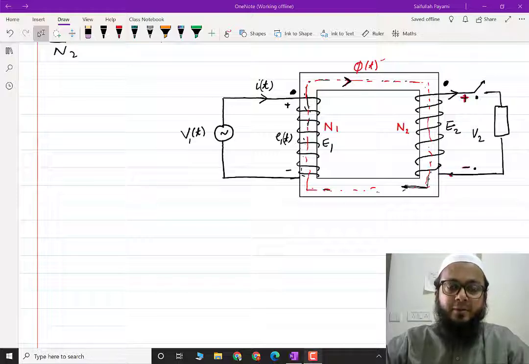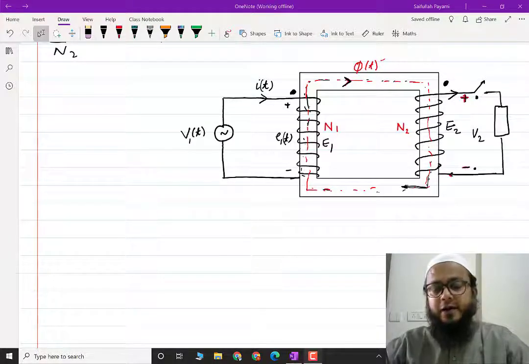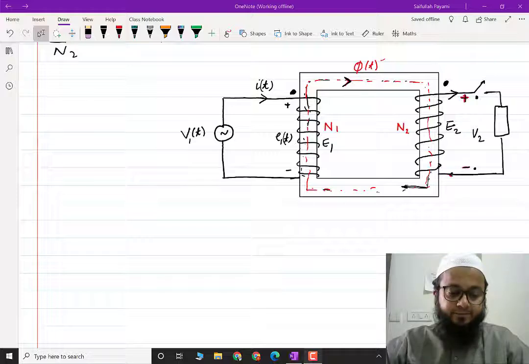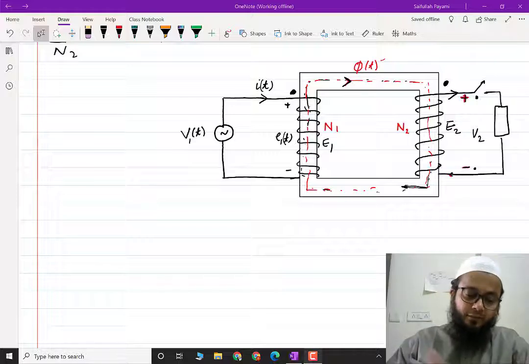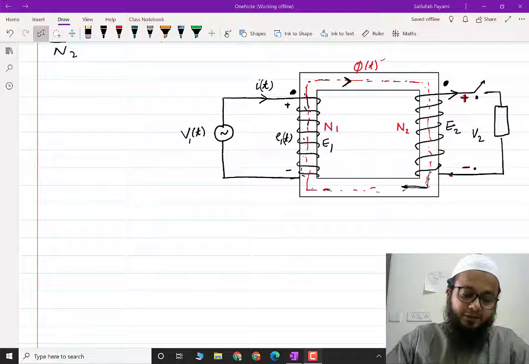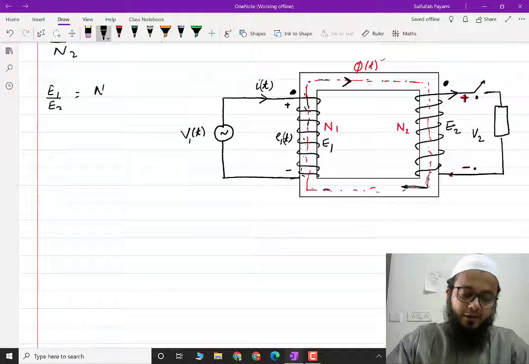Then we came up with a ratio: the induced EMF on the primary side to the induced EMF on the secondary side is equal to the number of turns on the primary side to that of the secondary side. So we saw this expression, E1 by E2 is N1 by N2.